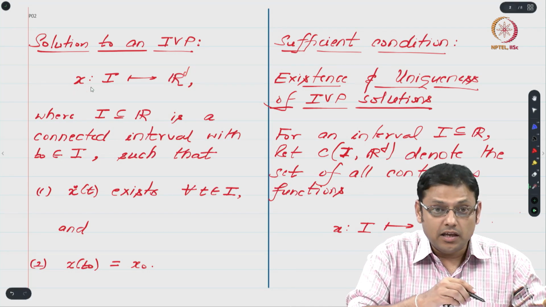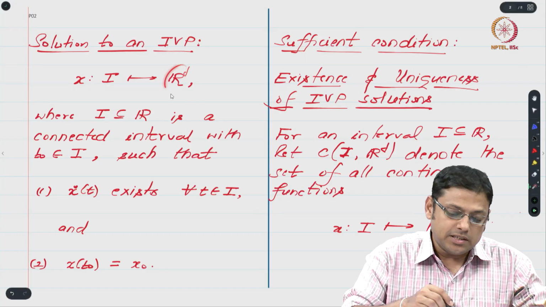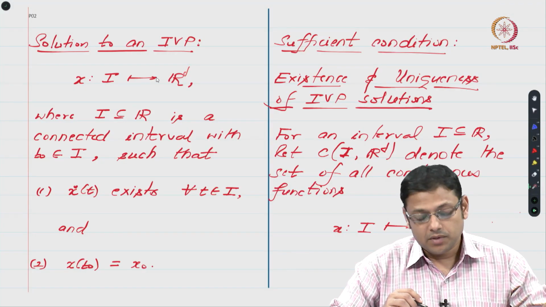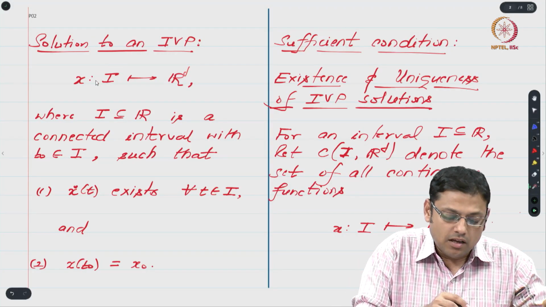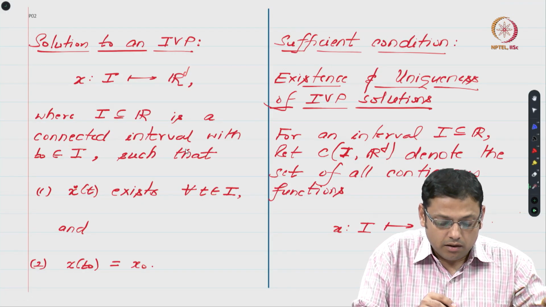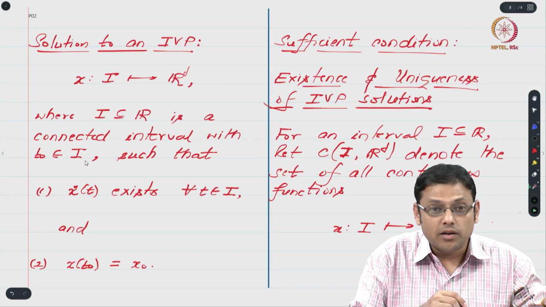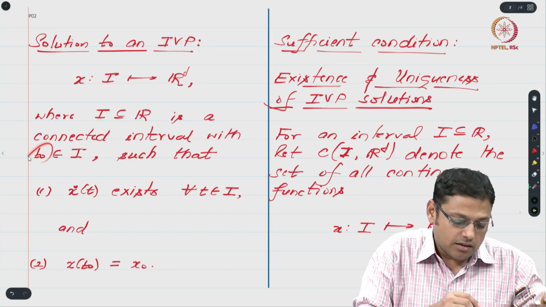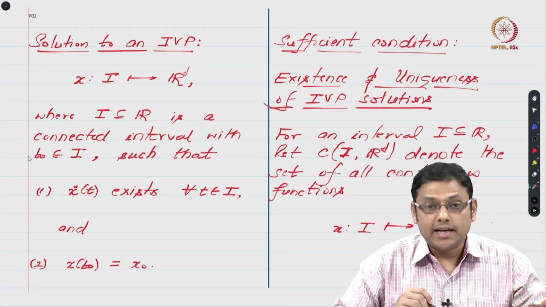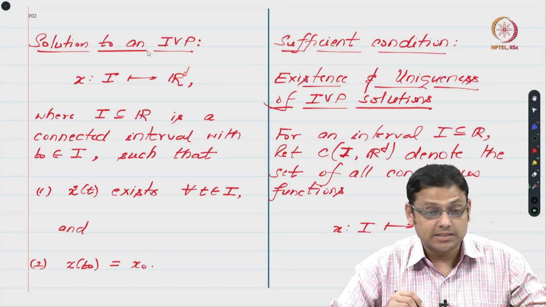It is a trajectory which takes as input something in the real line and spits out something in R^d, right, and typically we will assume that this I is a connected interval which is a subset of R, and also it includes this time instance t naught that has been given to us as part of this initialization condition that has been specified, right.